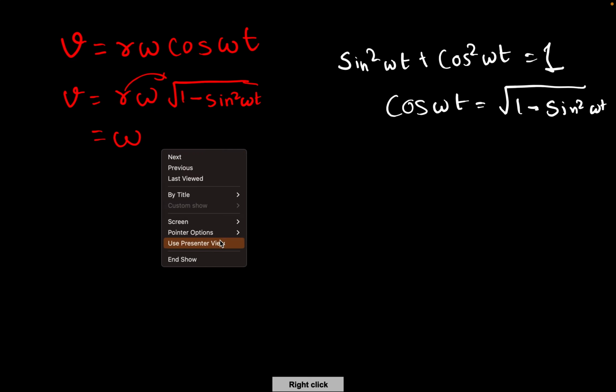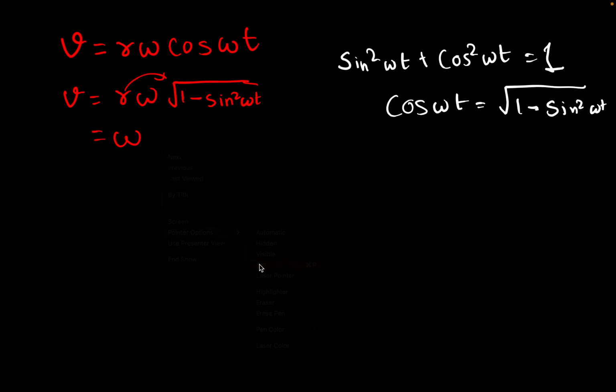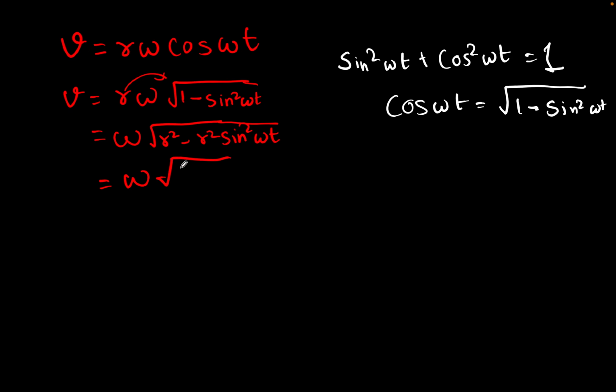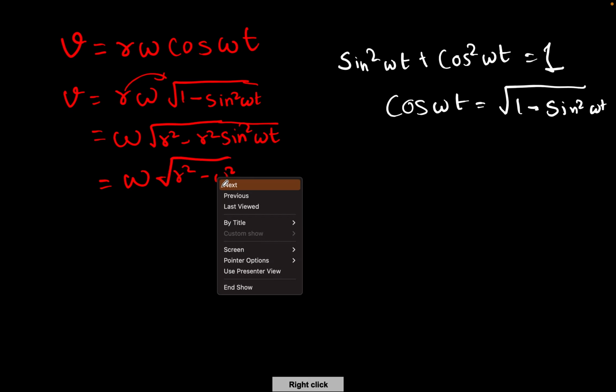If we multiply this by r, we get omega times the square root of r square minus r square sin square omega t. And we know that r sin omega t is our displacement, so we get omega times the square root of r square minus displacement square.